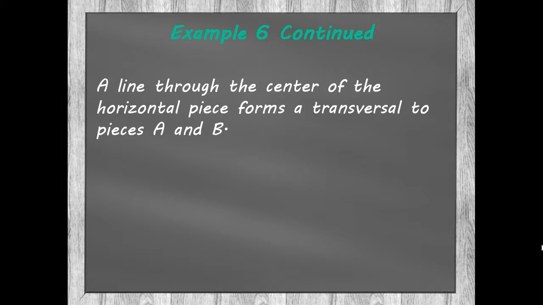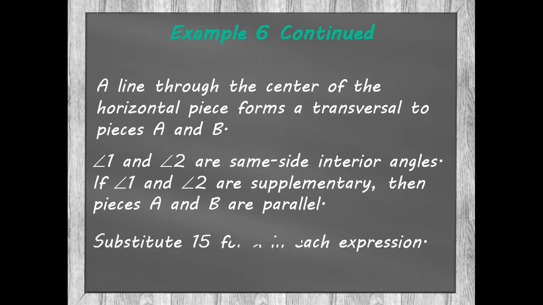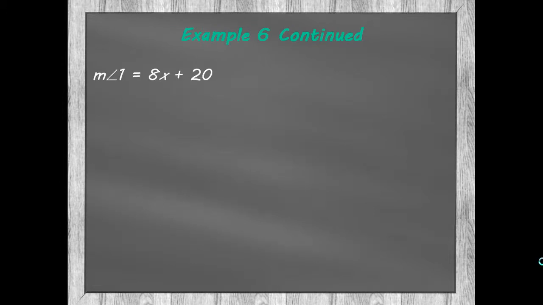So a line through the center of the horizontal piece forms a transversal to pieces A and B. 1 and 2 are same-side interior angles. If they are supplementary, then the pieces A and B are parallel. So let's substitute 15 for x in each expression. The measure of angle 1 equals 8x plus 20. Substitute that 15 in, and we get 140.